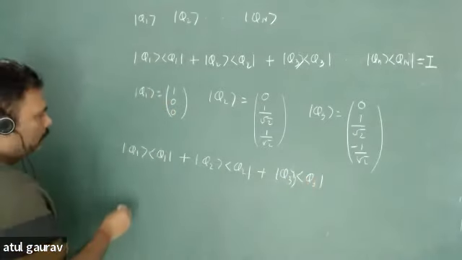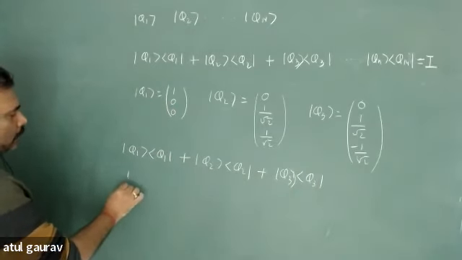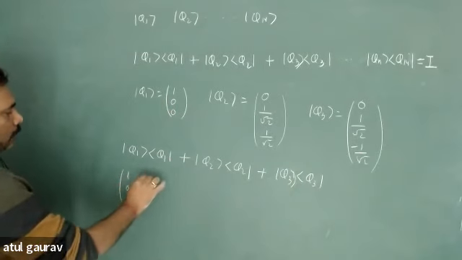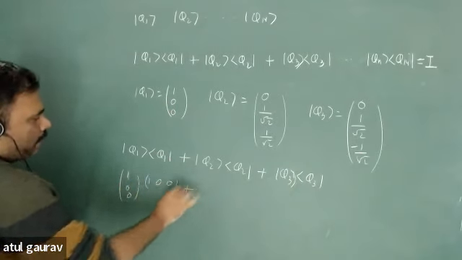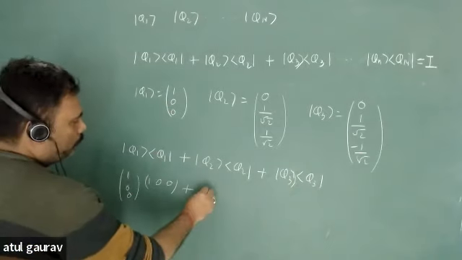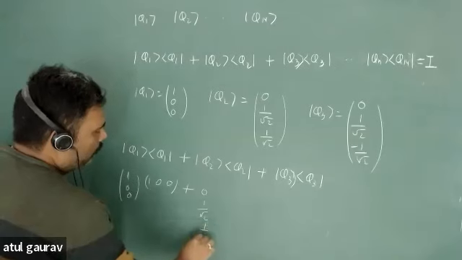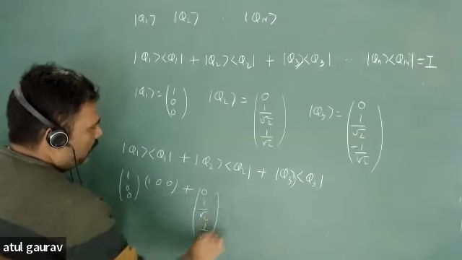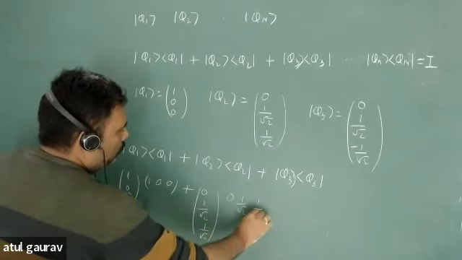What is phi 1? Write it in bra form: 1, 0, 0, and this will be 1, 0, 0. Okay, what is phi 2? 0, 1 by root 2, 1 by root 2. And this value is equal to 0, 1 by root 2, 1 by root 2.